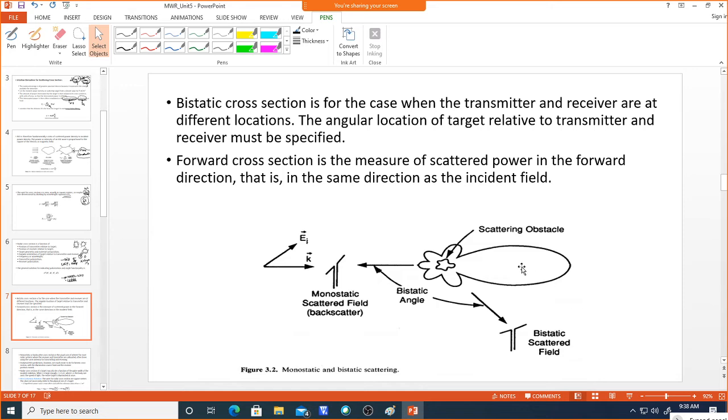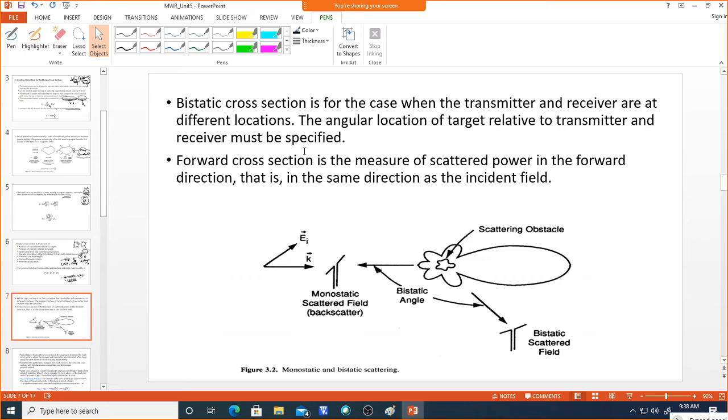Bistatic cross section is for the case when the transmitter and receiver are at different locations, sufficiently separated by a distance. The angular location of the target relative to the transmitter and receiver must be specified, so the angular positions should be defined to find the bistatic radar cross section.